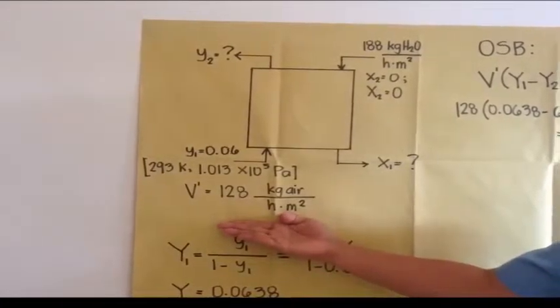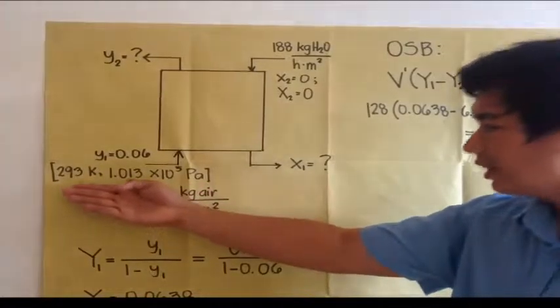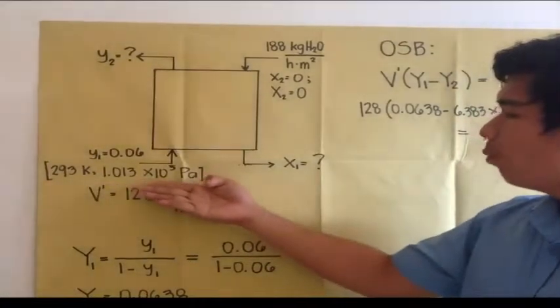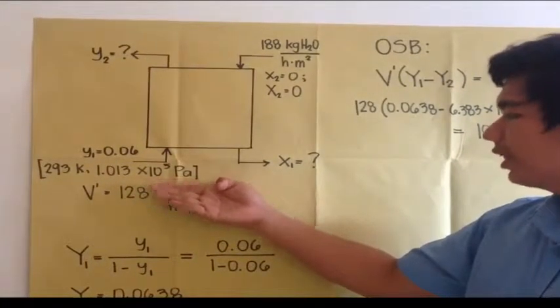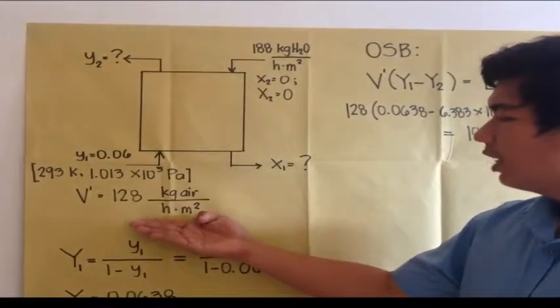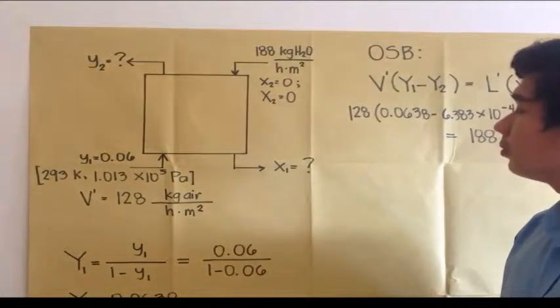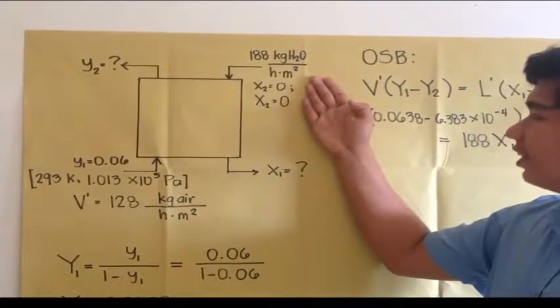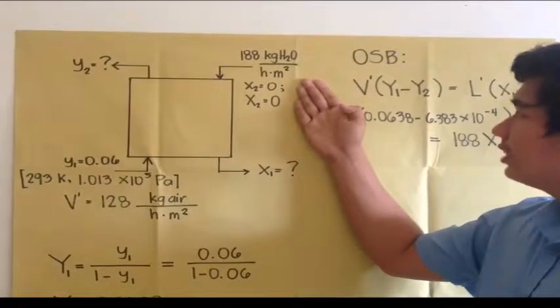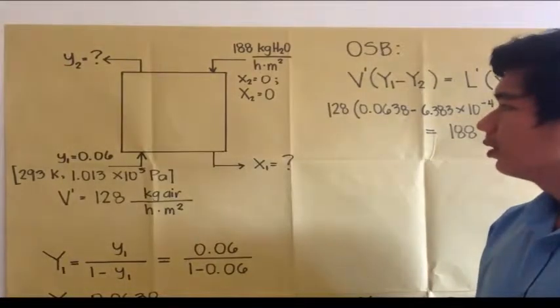Our entering gas has a wet basis concentration of 0.06 at 293 Kelvin and 1.013 times 10 to the 5th Pascal. The amount of the inert air is 128 kilograms per hour meter squared. The entering liquid is pure water at 188 kilograms per hour meter squared.